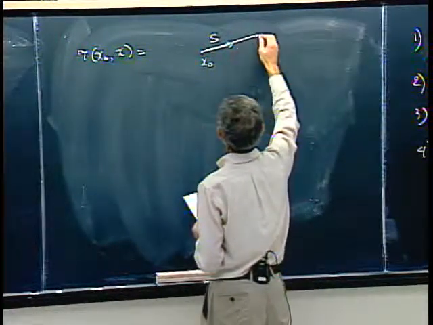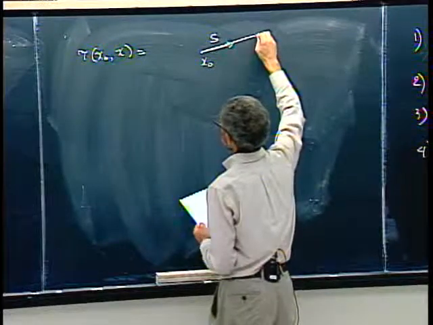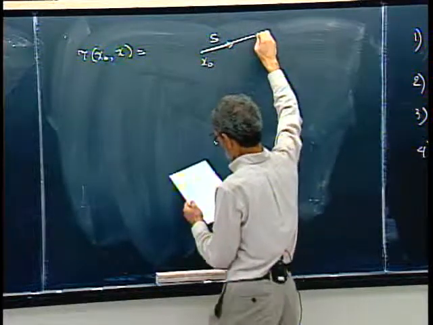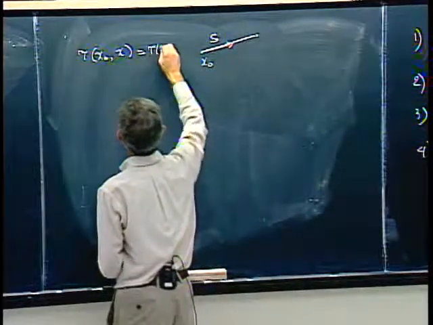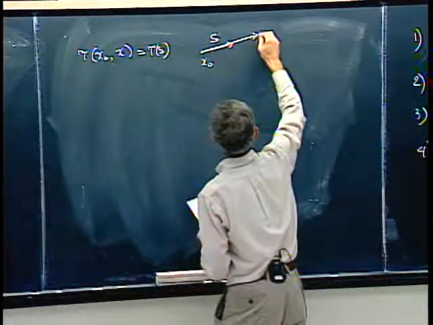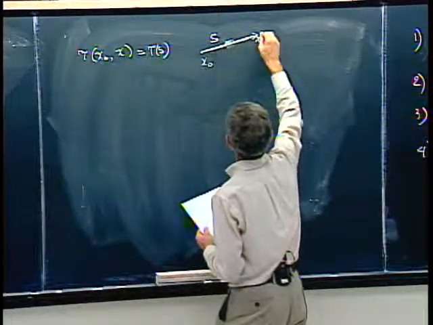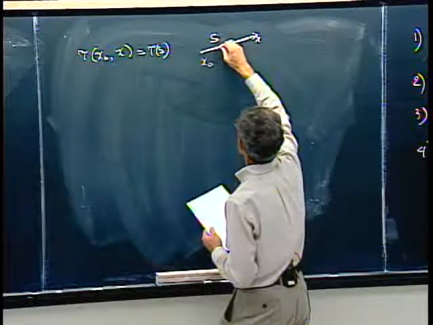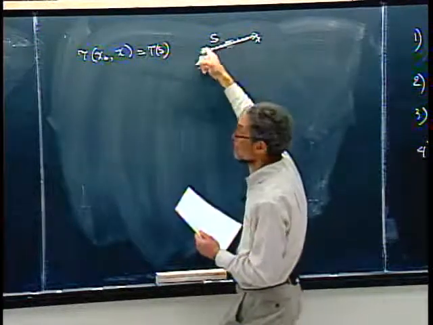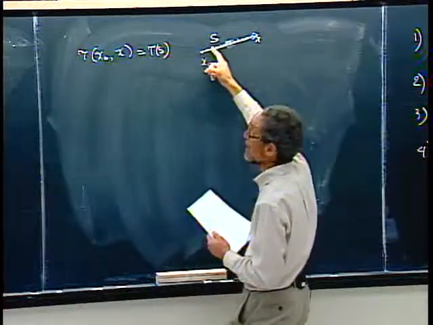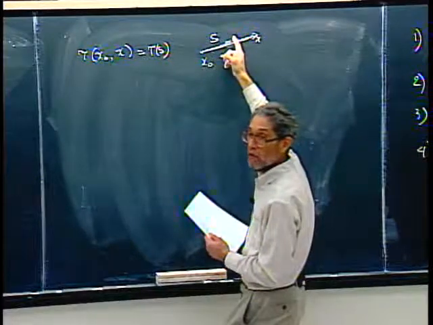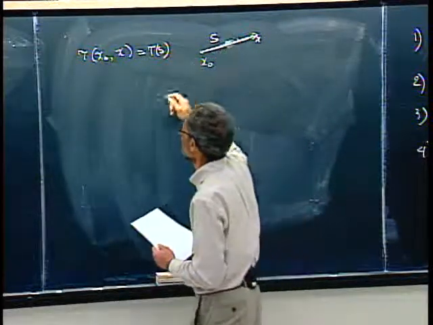And basically, I can think of transparency, if s is the distance up to x, I can think of computing tau at each s, the transparency from x0 up to any given length. And I want to write a differential equation for it.